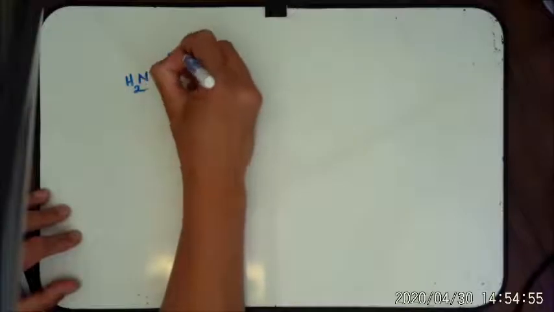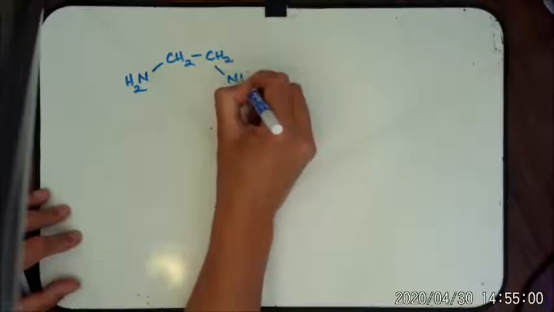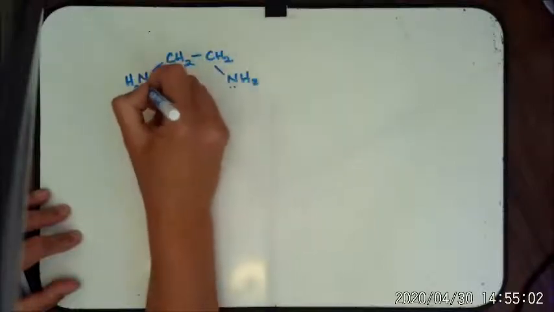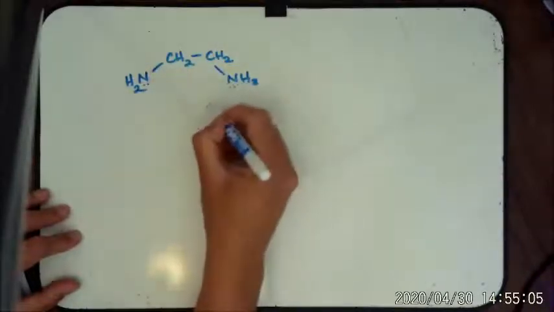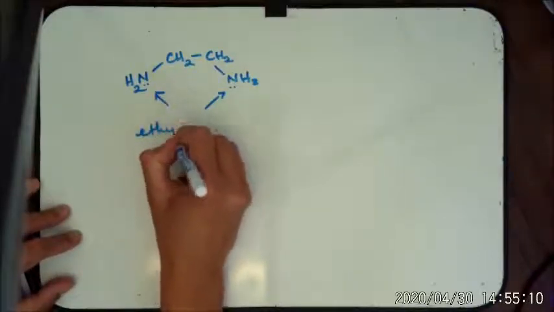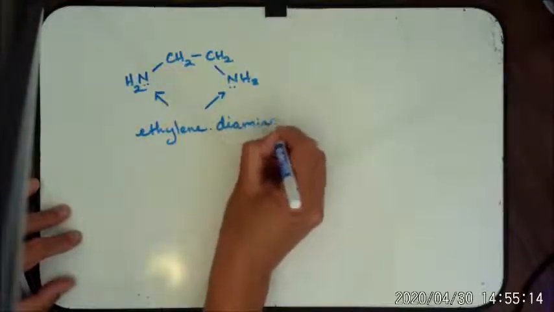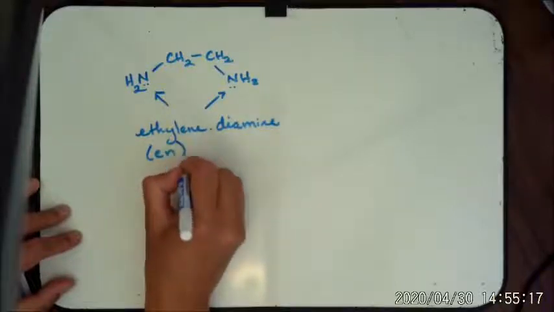Okay, so for the bidentate, it means it has two donor ligands that can be used at the same time. Okay, so this one has both nitrogens. Okay, this is ethylene diamine, and we abbreviate it as EN.